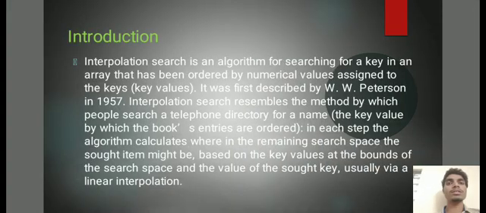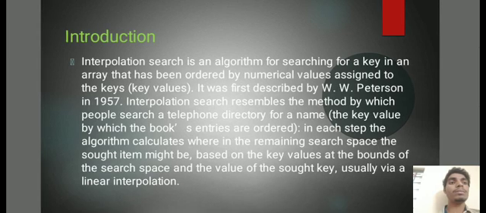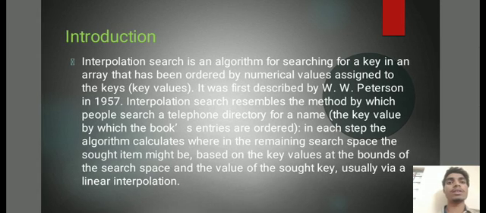My topic is interpolation search. Introduction. Interpolation search is an algorithm for searching for a key in an array that has been ordered by numerical values assigned to the keys. It was first described by W. W. Peterson in 1957.